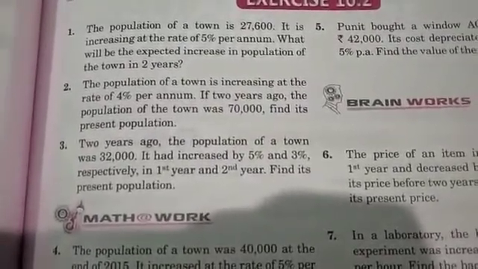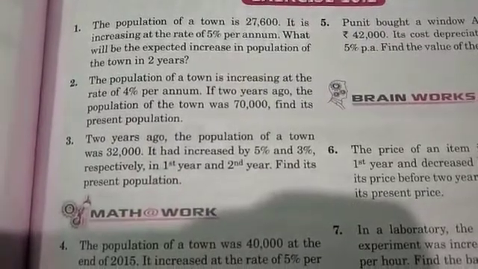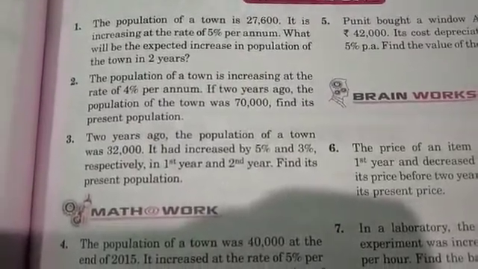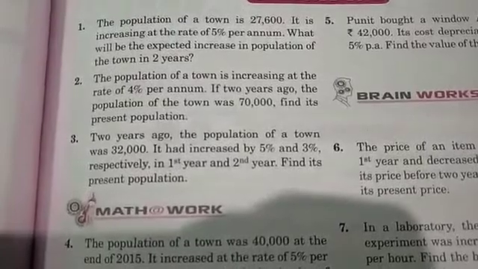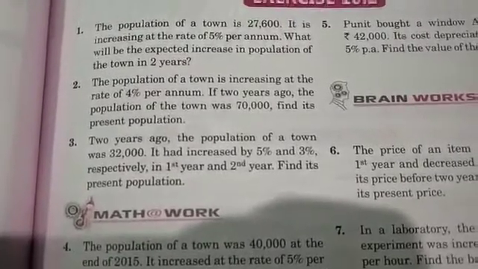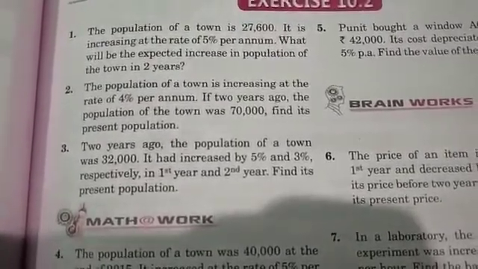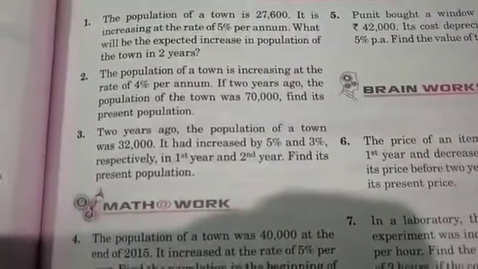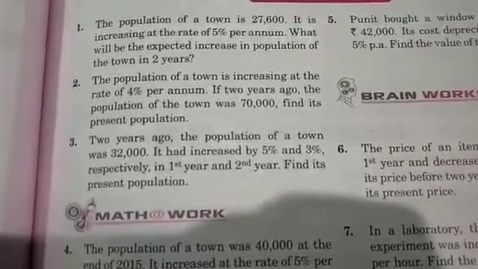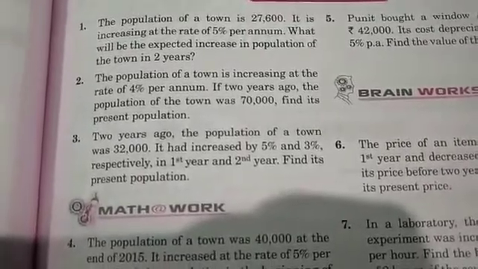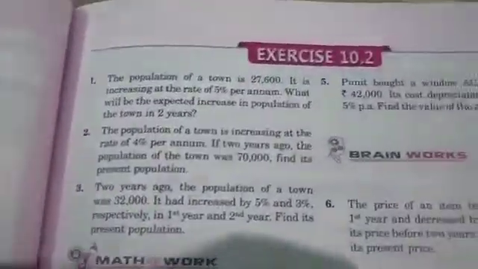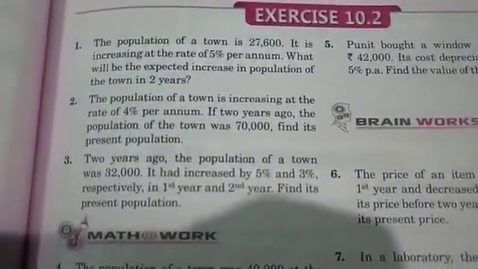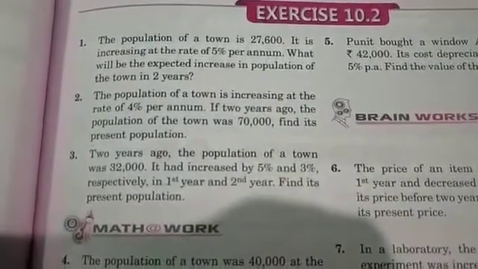Since 2 years ago the population was 70,000, we take P as 70,000 and calculate the present population using the same formula.